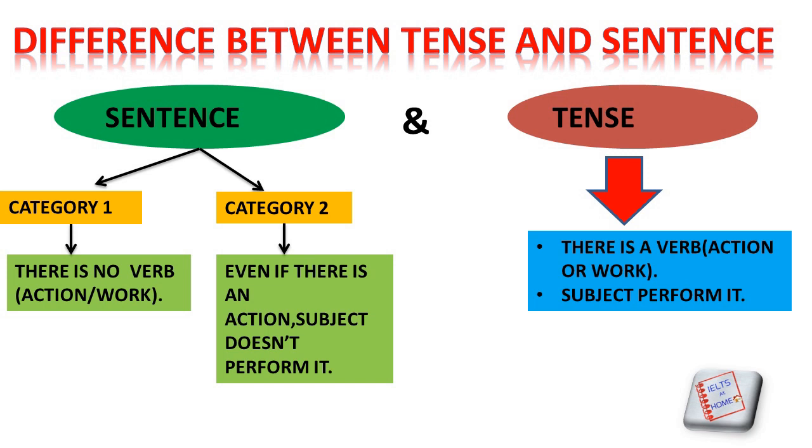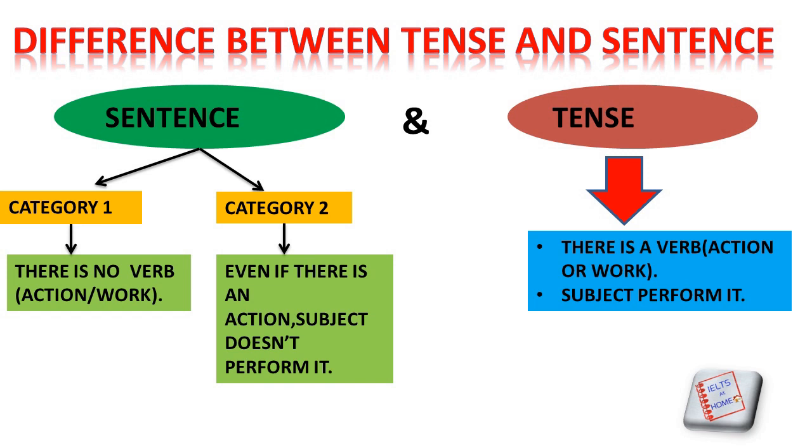So in this sentence, a tense, love is a verb or action that I perform because I am the subject. But in sentence, there is no verb. There are two categories in sentence, category 1 and 2.